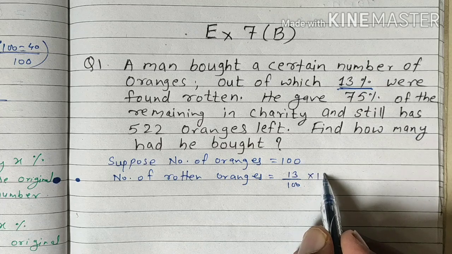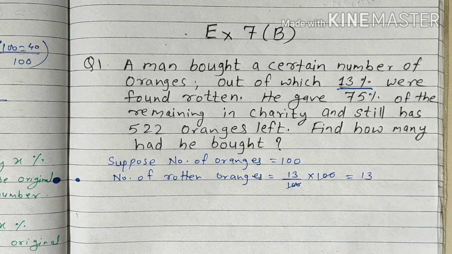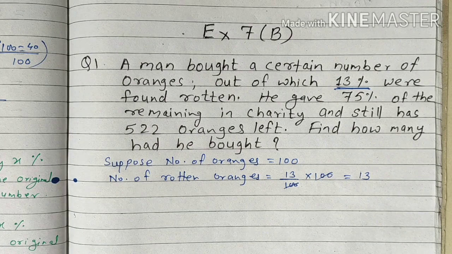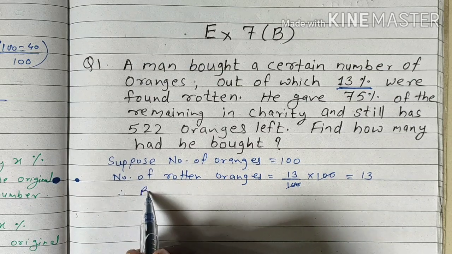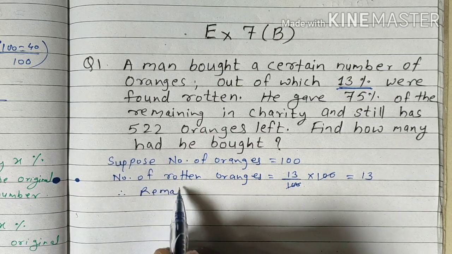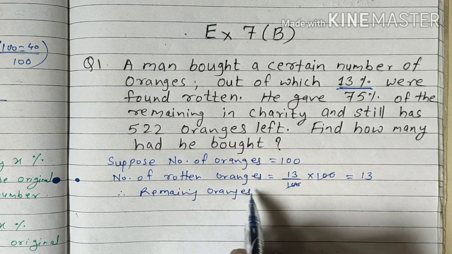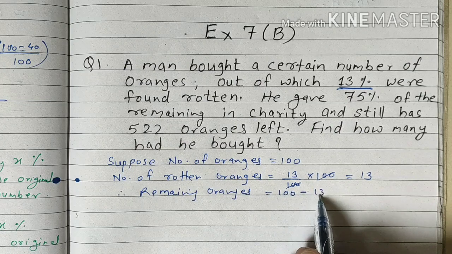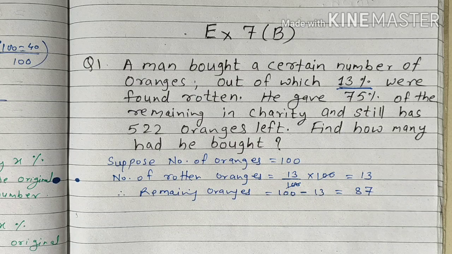So obviously out of the 100, 13 oranges were rotten. So therefore, the remaining oranges will be, out of 100, 13 were rotten, so the remaining oranges are 87.